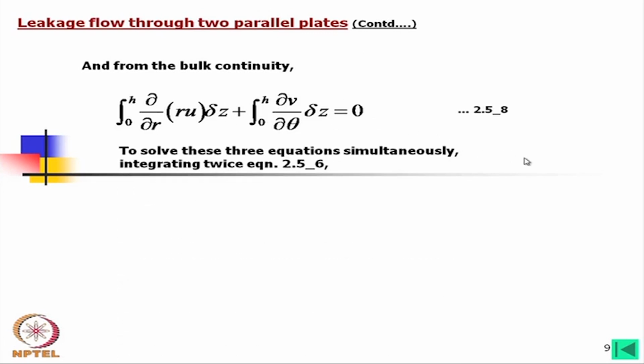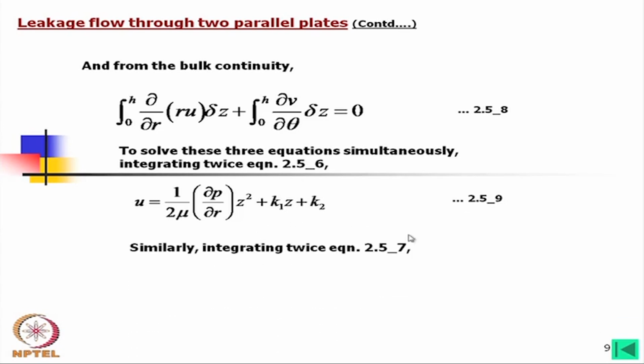Now, to solve these three equations simultaneously, we will integrate equation 2.5.6 twice at first. So, we have integrated del square u by del z square, and we have got these equations. This integration is not difficult, you can carry it out and you will arrive at these equations.